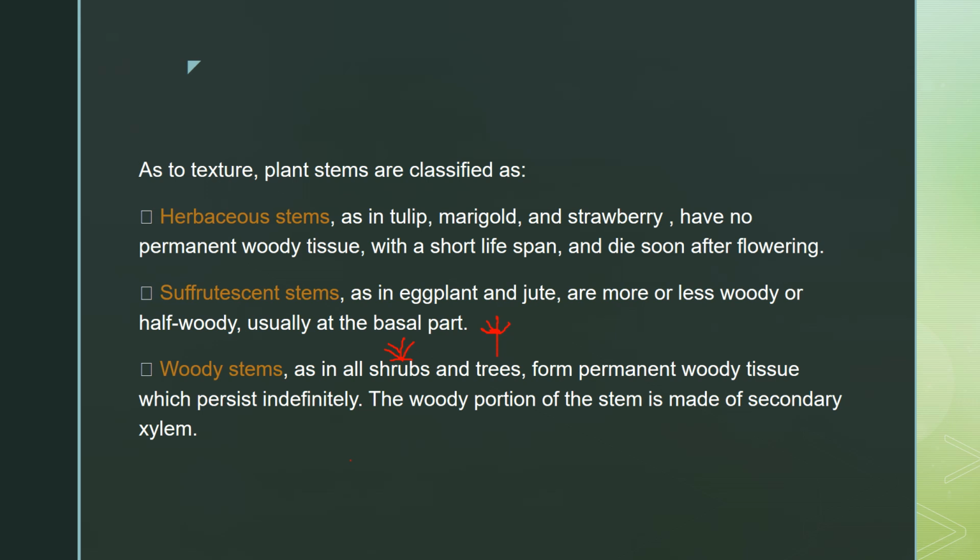Herbaceous stems have a short lifespan, but the woody stem is permanent and has a long lifespan. The woody portion of the stem is made of secondary xylem. These are the 3 types of stems according to the texture of the stem: herbaceous stems, suffragant stems, and woody stems.